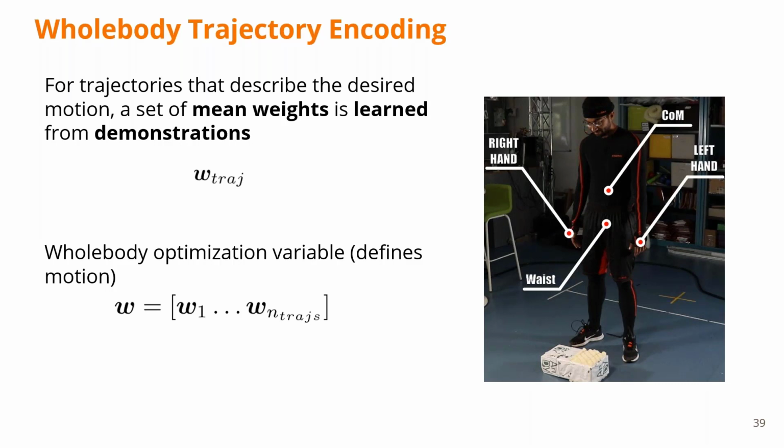All weight vectors from each one of those trajectories that were learned for ProMPs are then stacked into a single vector W. This vector W now defines the motion that is going to be evaluated in the human model simulation and is therefore our optimization variable. Now, let's take a look into an example for our optimization methods.